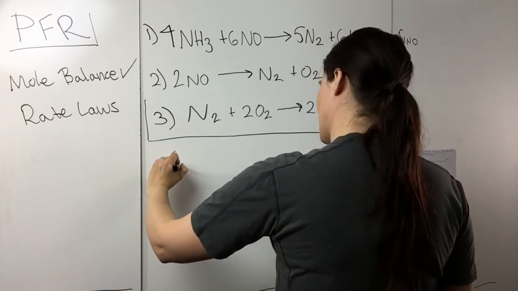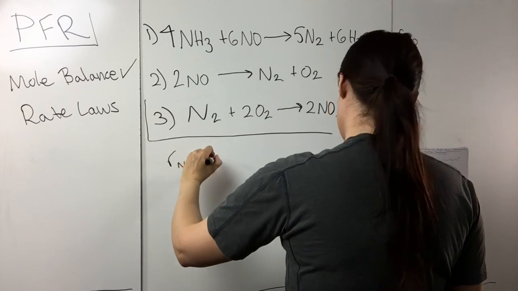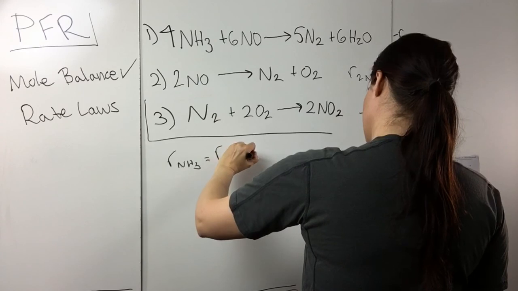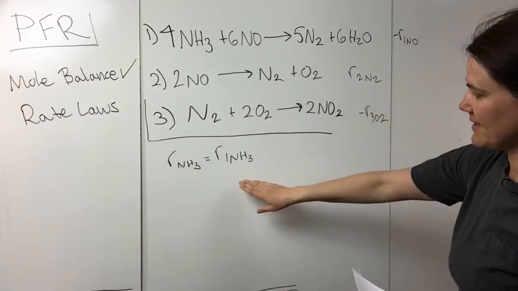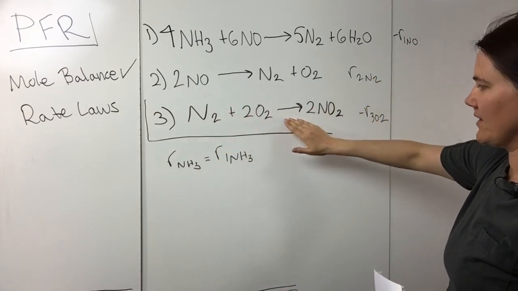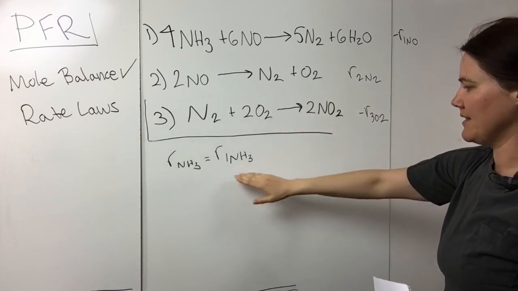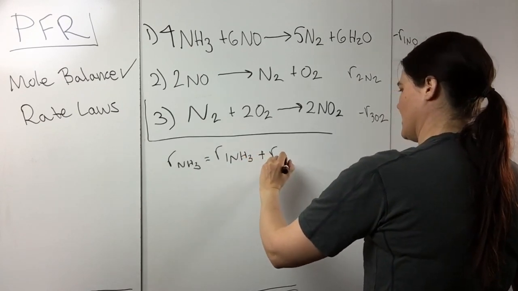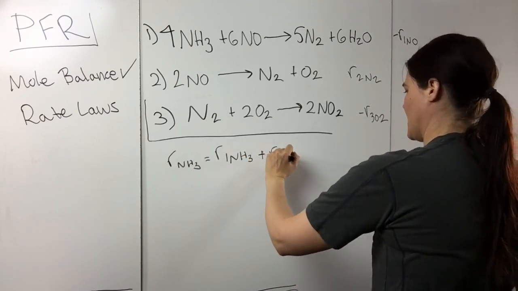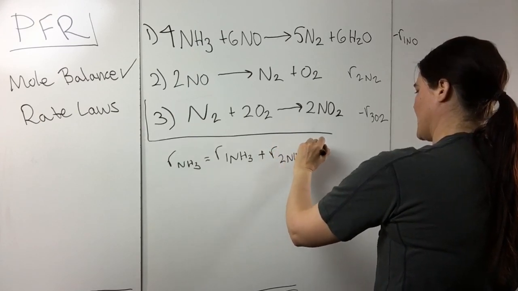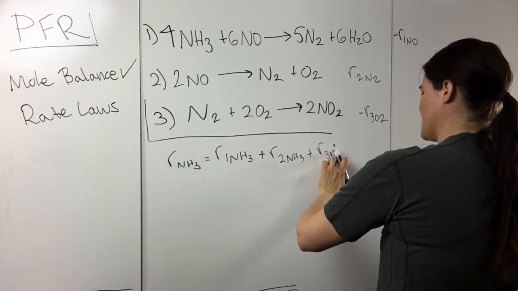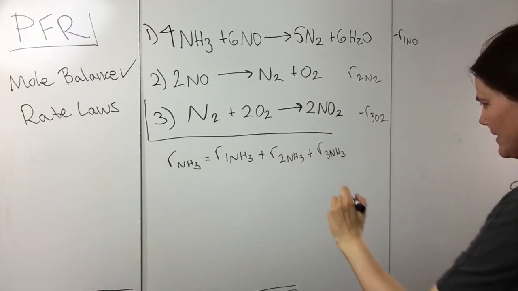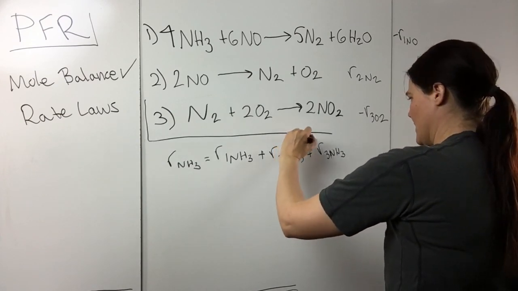So we know RNH3 is equal to R1 NH3, since NH3 isn't in the second or third reaction. But some people will just write it in for all of them, so R1 NH3 plus R2 NH3 plus R3 NH3, and then you know that these are 0.